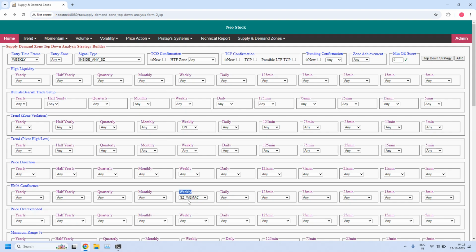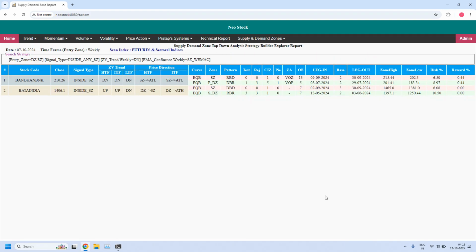This is the one. 2 stocks are filtered, from 3 to 2 stocks. These two stocks, supply zones are having EMA confluence. Bandhan Bank is completely bearish because HTF, ITF, LTF, all the 3 are downtrend.